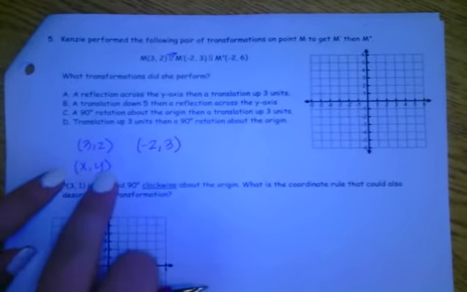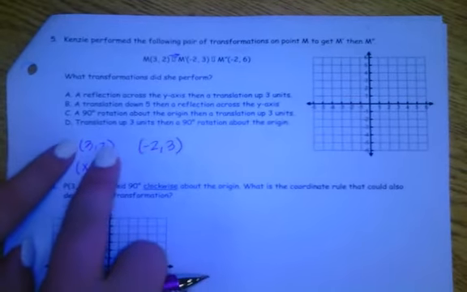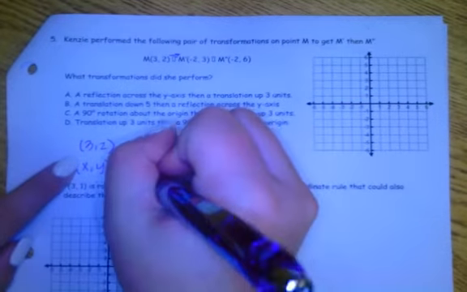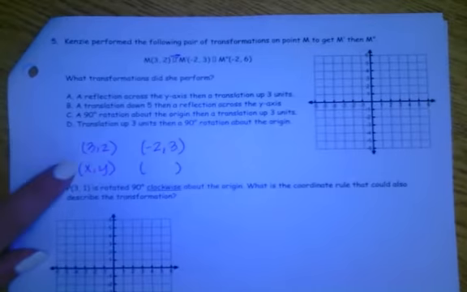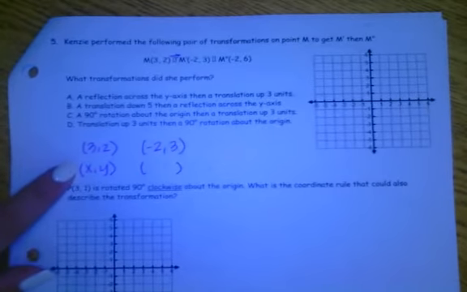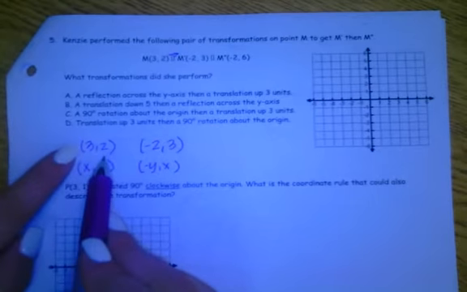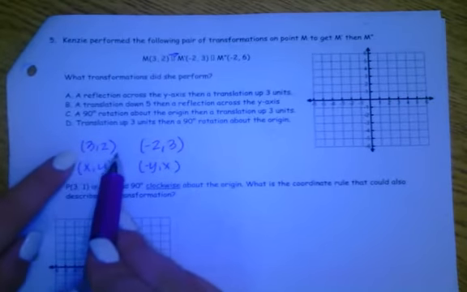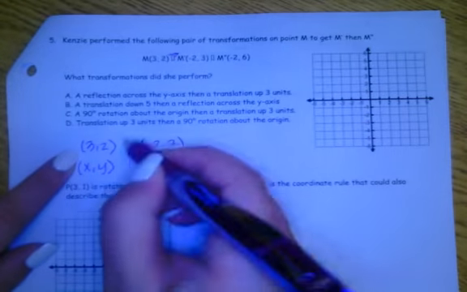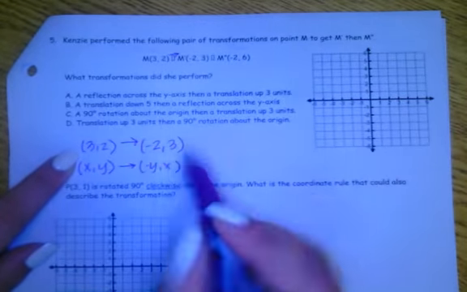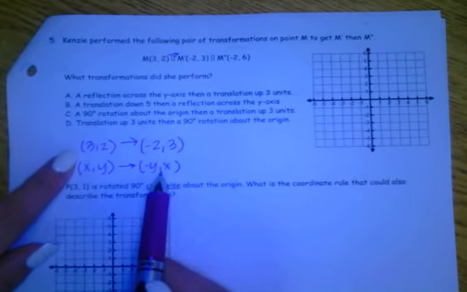What happened to my X and my Y? What would be the rule? Carson? Negative Y, X. So do you see how my X and Y values switched and my Y became opposite, correct? Okay. What transformation goes with opposite Y, X? 90 degrees counterclockwise. Very good.